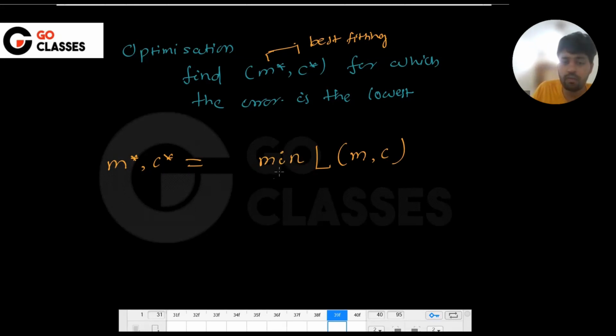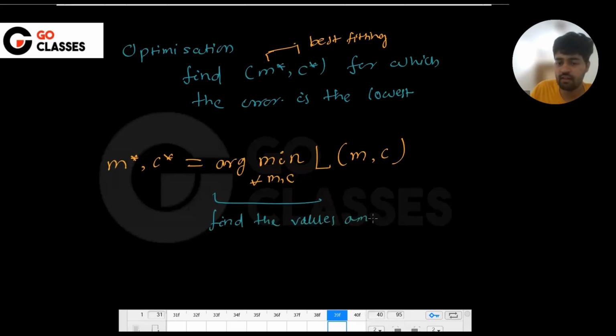I'll write down the exact meaning of this, and this is the notation that you will see time and time again. This means find the values among all possible m comma c pairs or values.